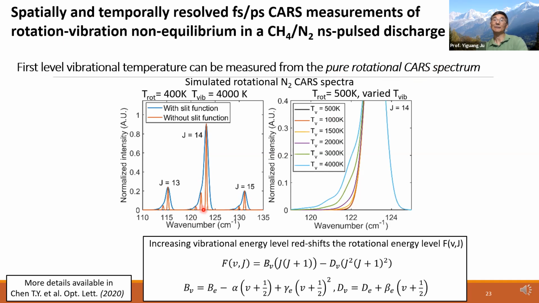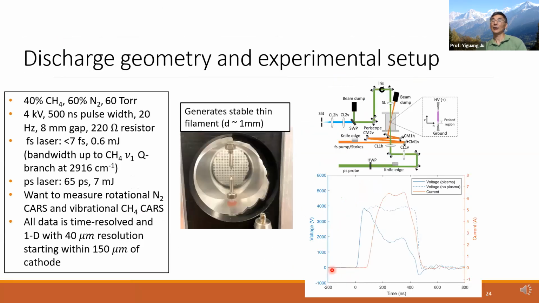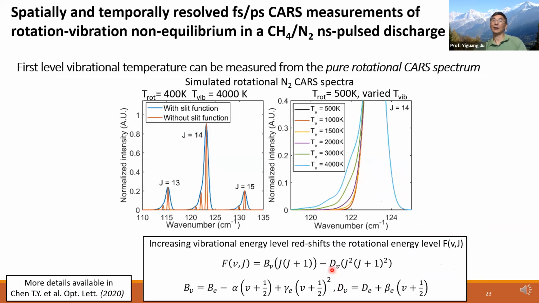As you can see here, when the vibrational temperature is very high, in this rotational spectrum you can see that the tail at short wavelength is changed due to the vibrational temperature. This change is because when you have the vibrational change, your inertia changes, and that will change your rotational spectra. By using this kind of fitting, you can measure the vibrational temperature.